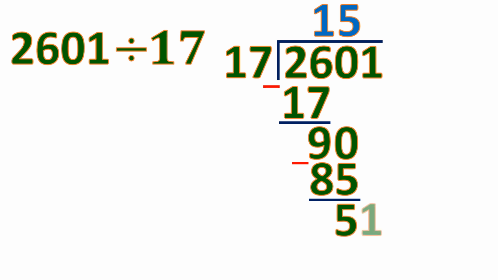Bring down 1. And so 51 divided by 17 will be 3 because 3 times 17 is exactly 51. Then subtract. It is 0, and there's no more number to bring down. So the quotient is exactly 153.